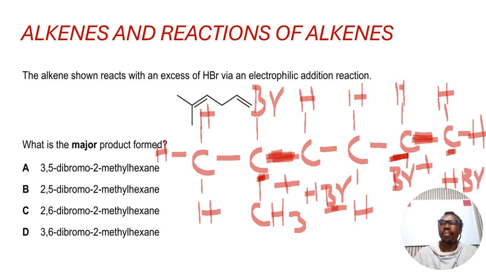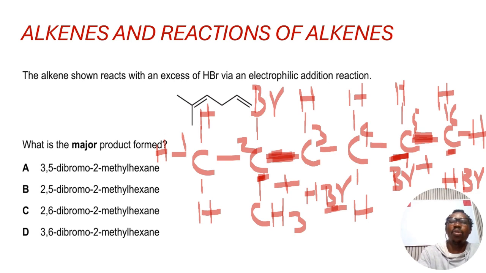So I'm to name the molecule now. What is the major product? The major product is where the halogen is bonded to the carbon with the least hydrogen. So this is the first carbon atom, second, third, fourth, fifth, and sixth.